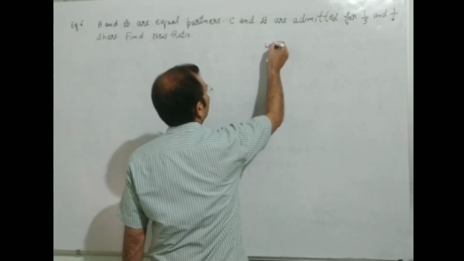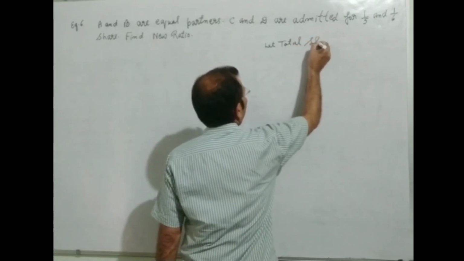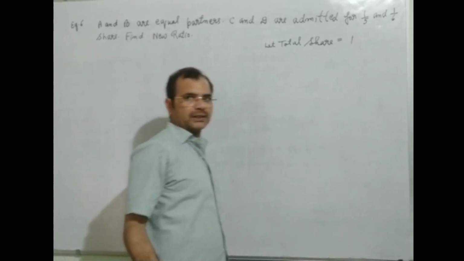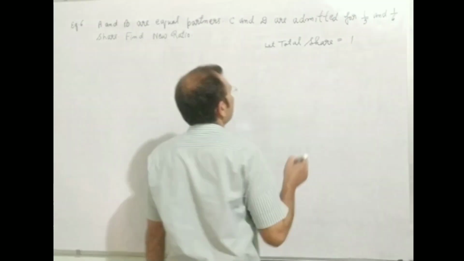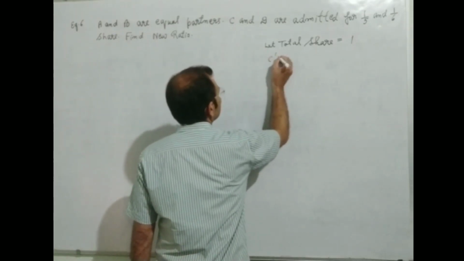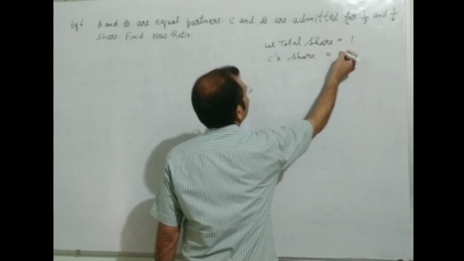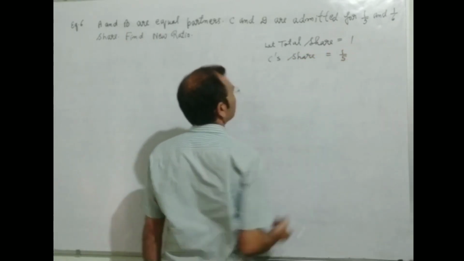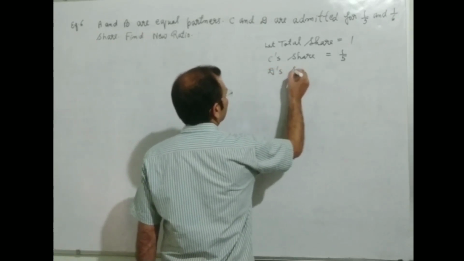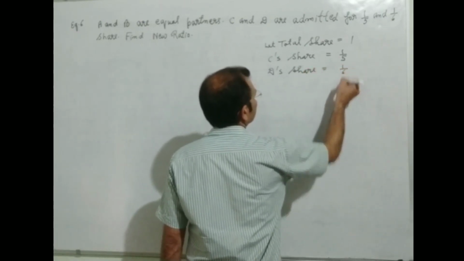Let the total share be equal to 1, as you know, and we will see the part of C. C's share is given in your question as 1/5, and D's share is also given in the question as 1/6.